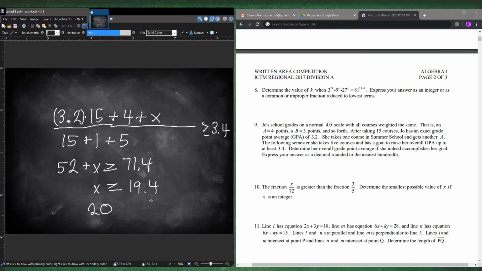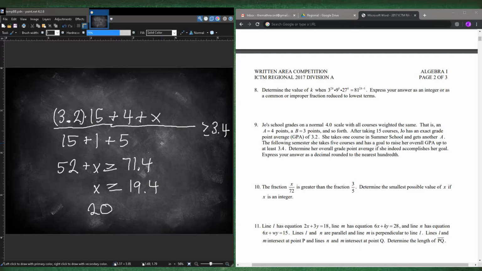You cannot get a decimal amount because it's impossible; you can only get 4 points, 3 points, 2 points, 1 point, etc. So technically, x can only be an integer. The smallest possible integer that is greater than 19.4 is 20, which is also the maximum possible amount. So x is equal to 20, and we plug it in.